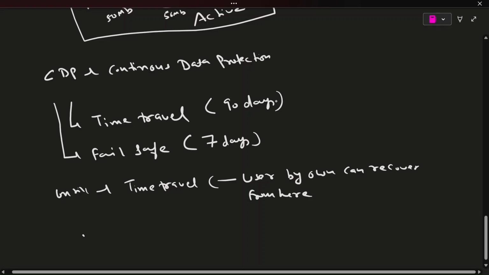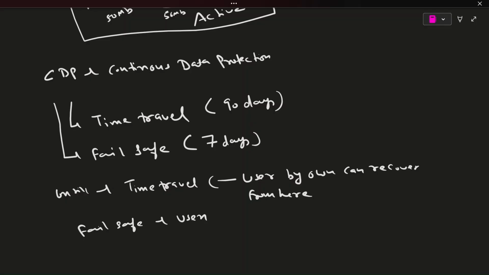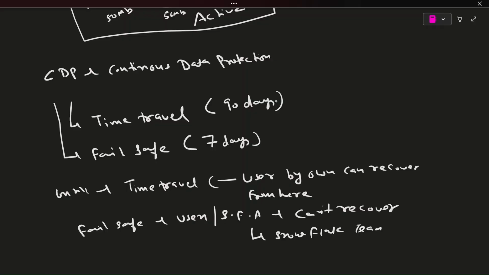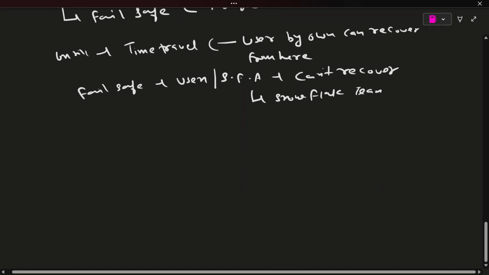But once it goes to fail safe, users or Snowflake account owner cannot recover. We have to take the help of Snowflake team. Got it. So how does this work?